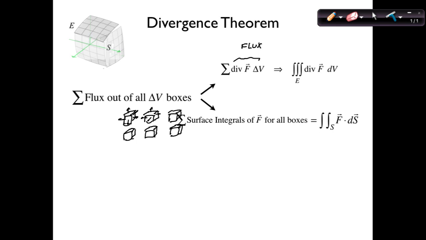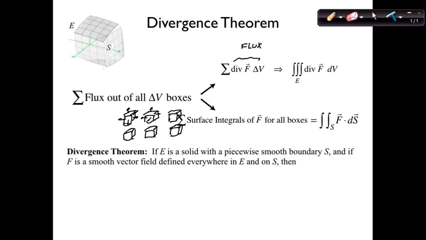So summing up all the individual boxes means a triple integral of the divergence of F, and then doing the surface integral of the outside surface is our common flux integral. So these two are equal. And this is the divergence theorem.